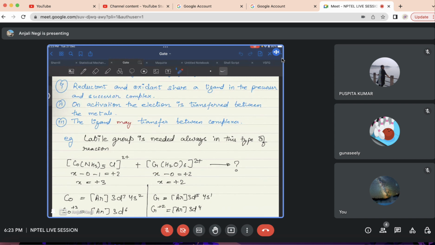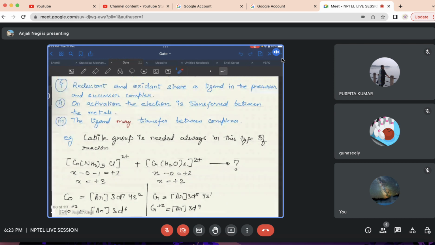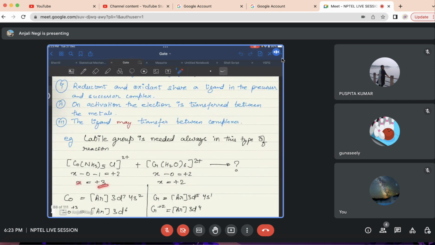So Co is my cobalt here, with ammonia 5 and Cl, and my chromium H2O6 2 plus. Now just find out the oxidation state. Here it is +3, here it is +2. We have to look, so you can just write down the electronic state. Here it is in the ground state and in the oxidation state that we have.